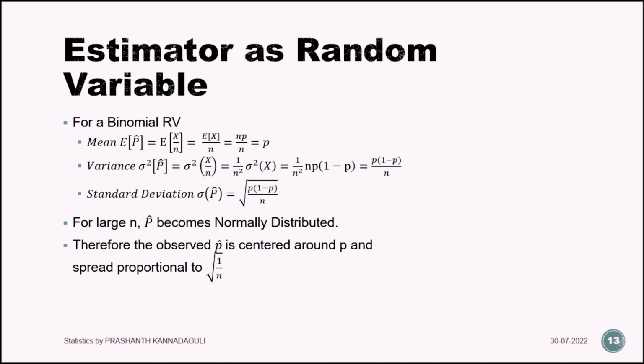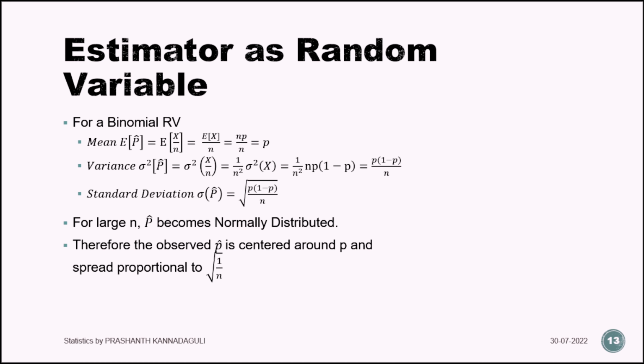Next point is that the p cap is centered around p. So p is the mean somewhere here. The p cap will be distributed around this center. So p caps on the right side, p caps on the left side, and it is the normal distribution. Try to recall the graph.